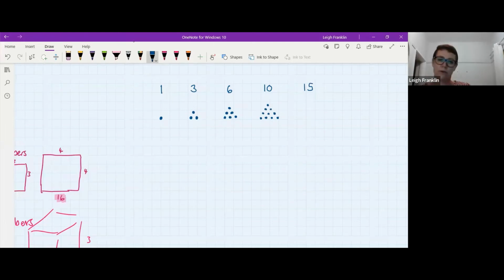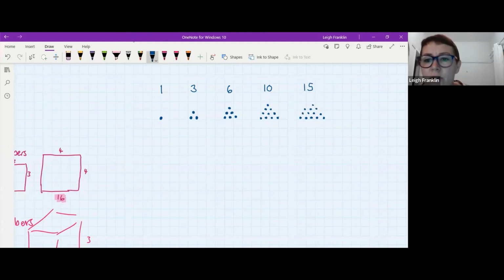So there you go. So we've got numbers that make squares, numbers that make cubes, and then we've also got numbers that make triangles. Did you know that numbers could make triangles? No, ma'am. You didn't? Okay, well then I'm glad I told you this.